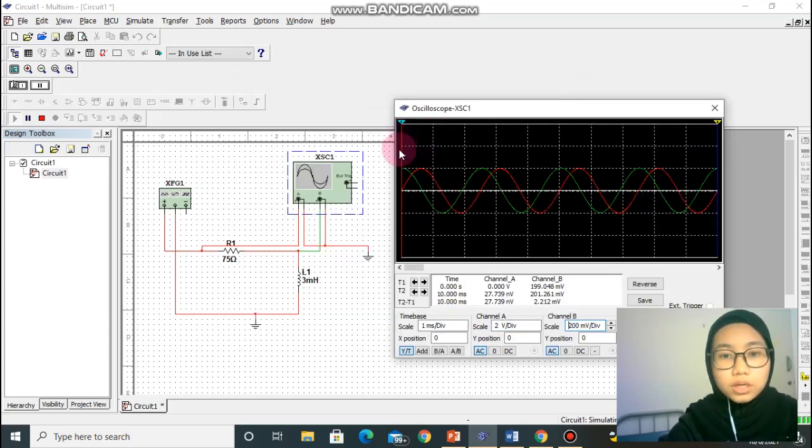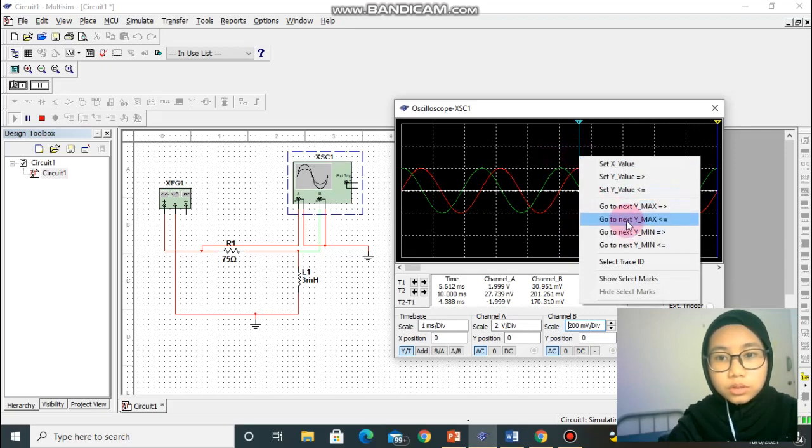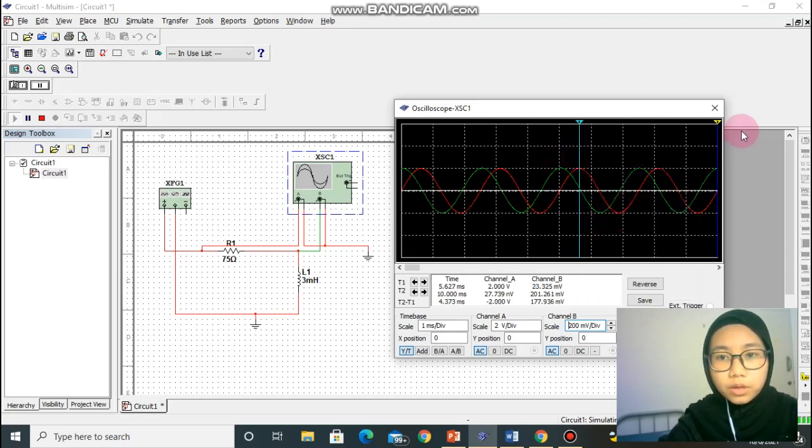The cursor one is for channel A, which is V in. So cursor one I will set to the Y maximum. And cursor two is for channel B, which is the V out for the inductor.